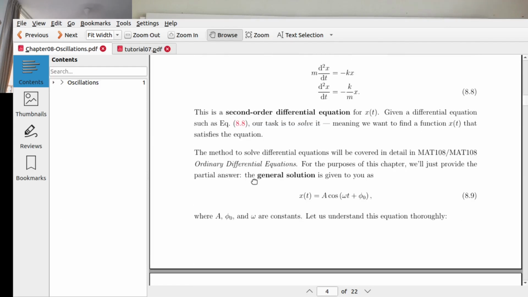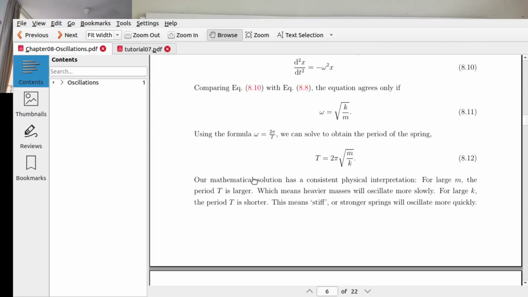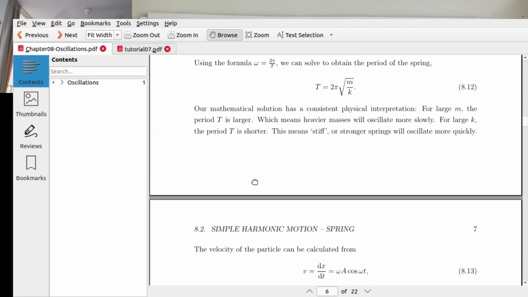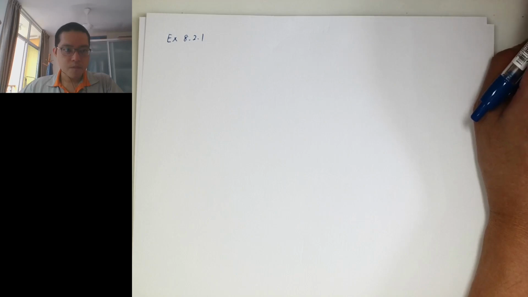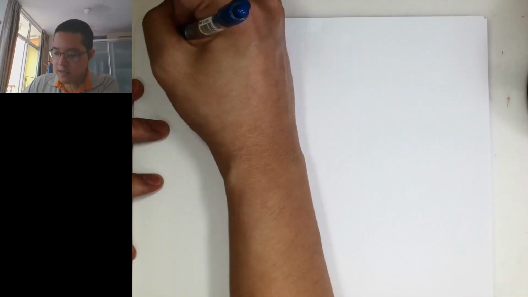So the example that we want to solve is, hang on. Oh, I forgot to say something. Before I go to the example, let me comment on a few things first. We do that later.